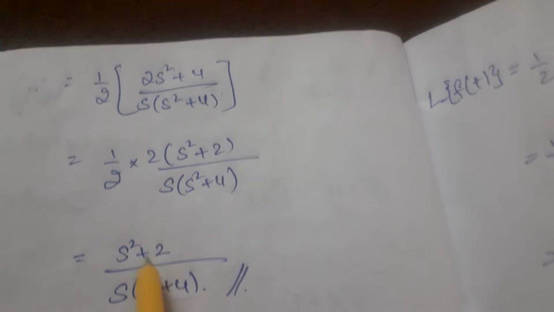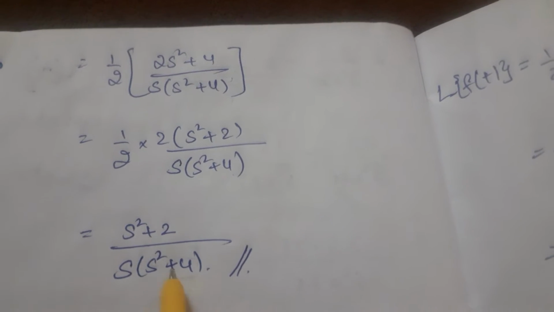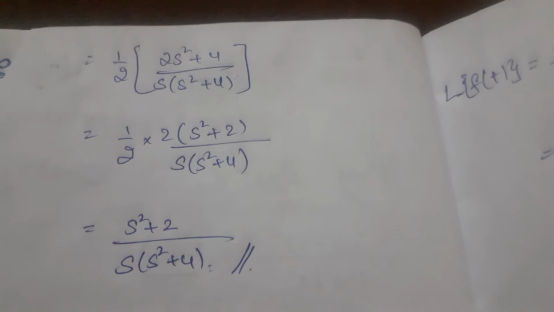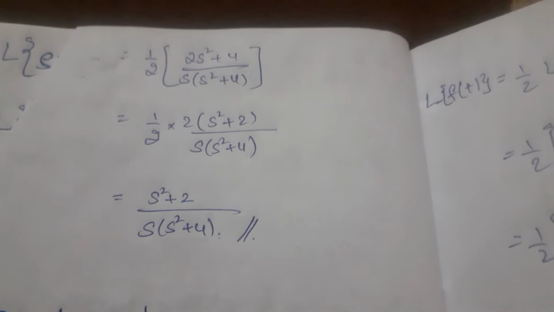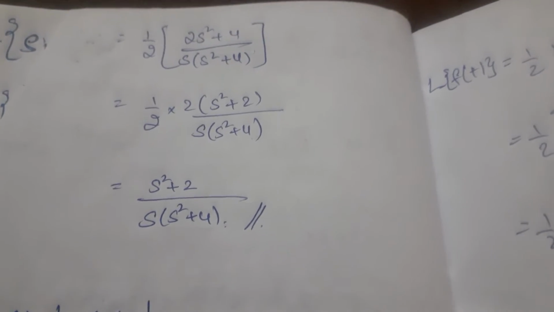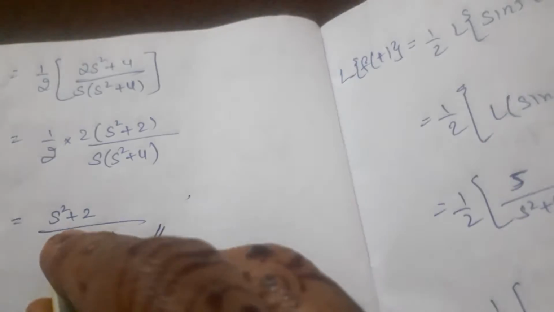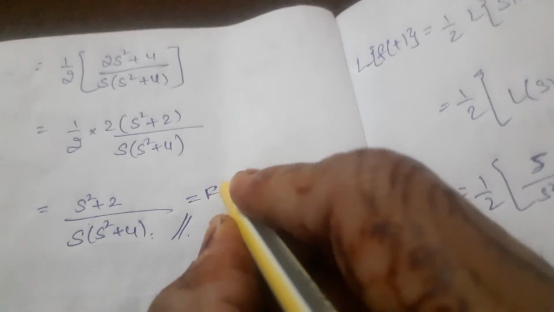This 2 and this 2 get cancelled. Left is (s square plus 2) by s into (s square plus 4). This is your f of s.